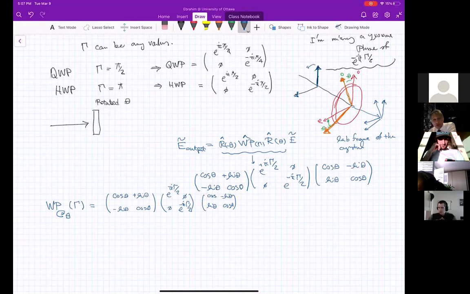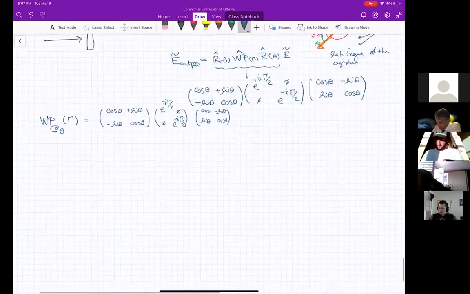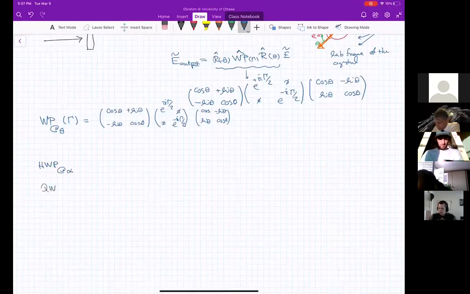Okay. Who has Mathematica right now? Open. Can you do that for, let's say, a half-wave plate at angle of alpha and a quarter-wave plate at angle of beta? And find this one, the matrix.